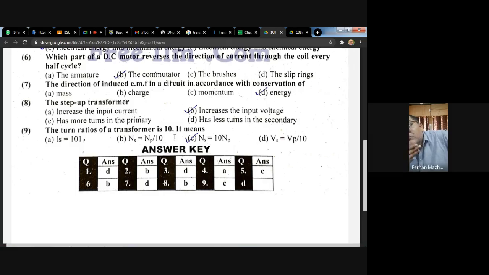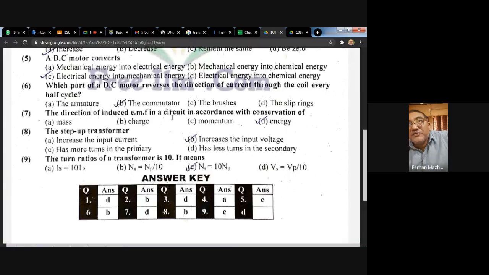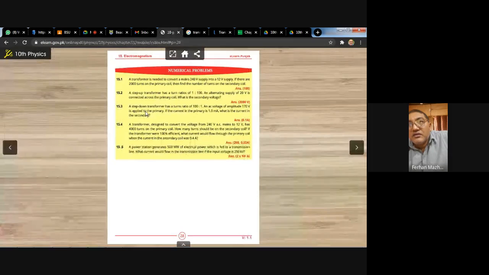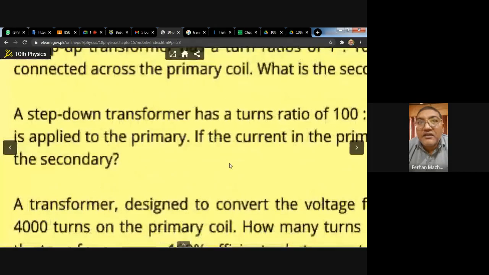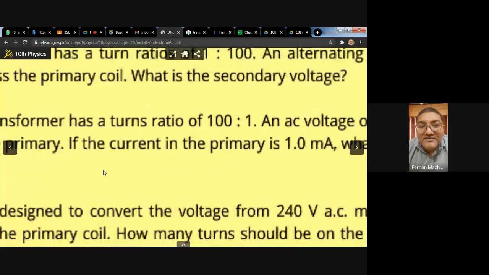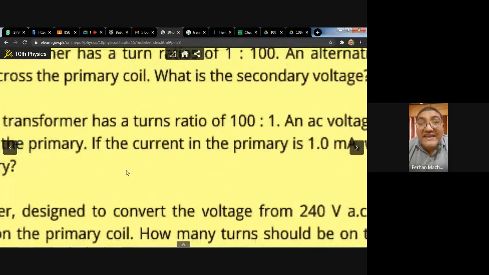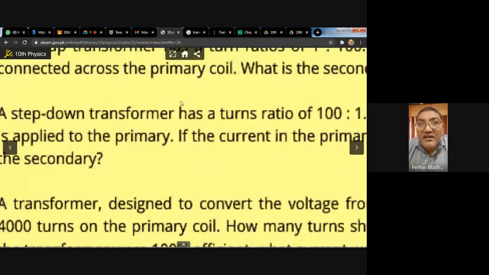let me make it more clear to you. If I show you the third one, a step-down transformer has a turn ratio of 100:1. So this ratio is basically 100, the number of turns in the primary to the number of turns in the secondary.